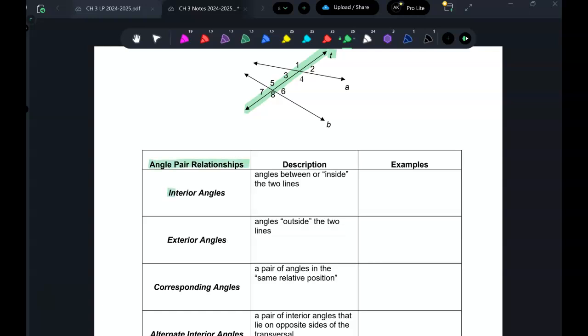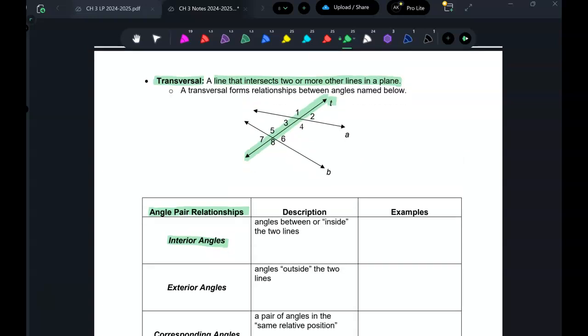So the first one, interior angles. Okay, so the best description, because we don't have an actual definition here, is just the angles between or inside the 2 lines. Okay, so here are our 2 lines, A and B. So kind of think if I were to collapse those 2 lines, all the angles between them would be interior angles.